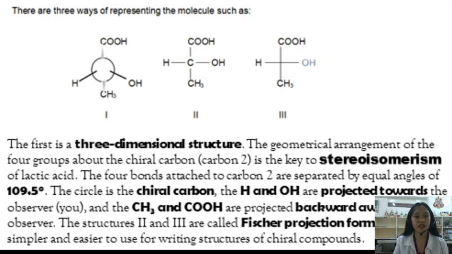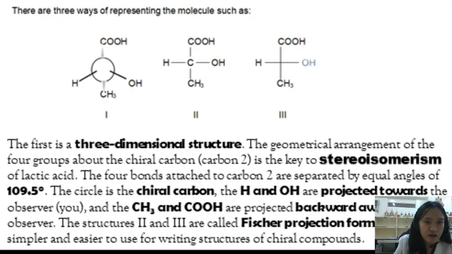Okay, so for our three-dimensional structure, the circle you will find at the center represents the chiral carbon atom. And then the H and the OH are projected towards the observer, or you. Meaning, the darker line represents that your hydrogen and hydroxide atoms are projected towards the observer, nasa harap sila, projecting on the front.